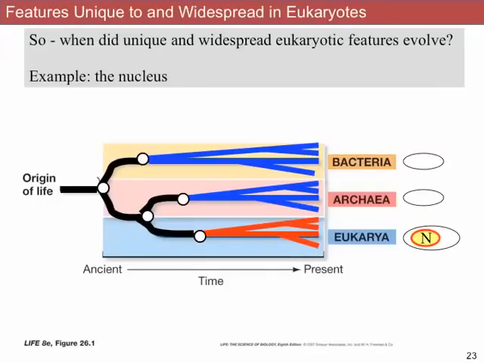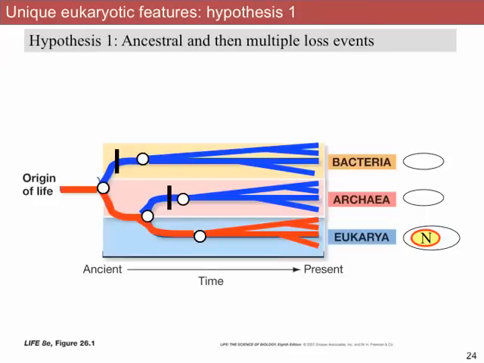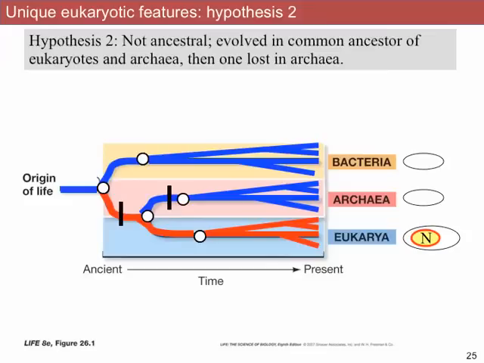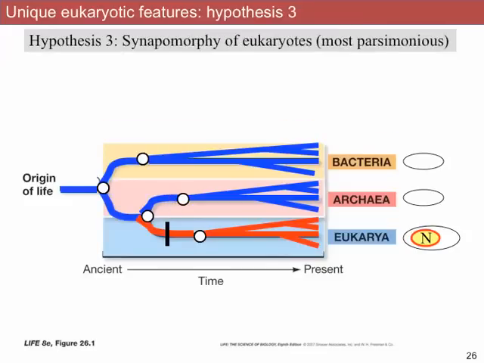If we want to reconstruct the evolutionary history of those features that are shared by eukaryotes, we again have multiple possible scenarios. I'm not going to go through the wording of all these, but you can just see it on the tree. The most parsimonious scenario is that these features arose in the lineage leading up to the common ancestor of eukaryotes.